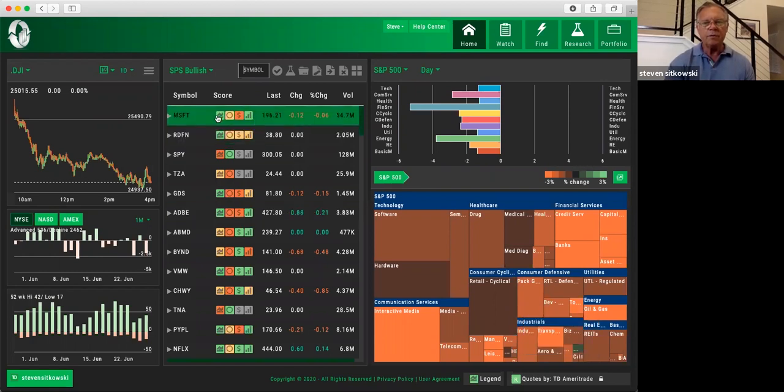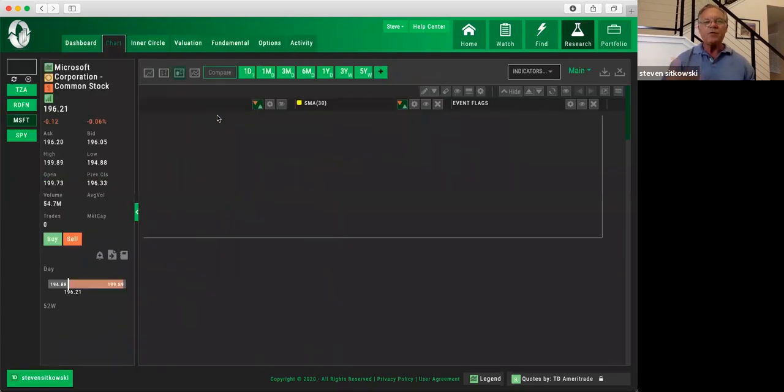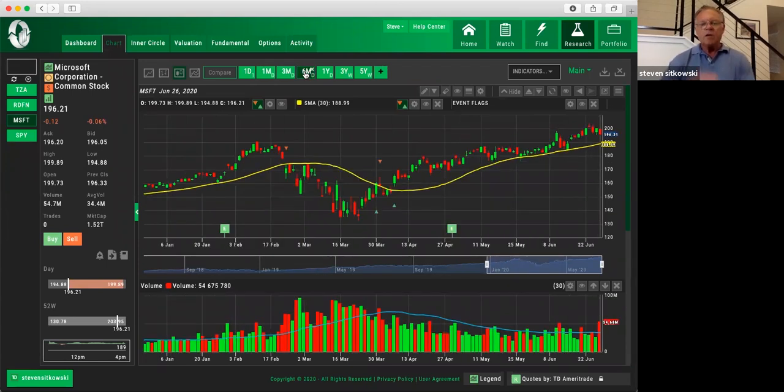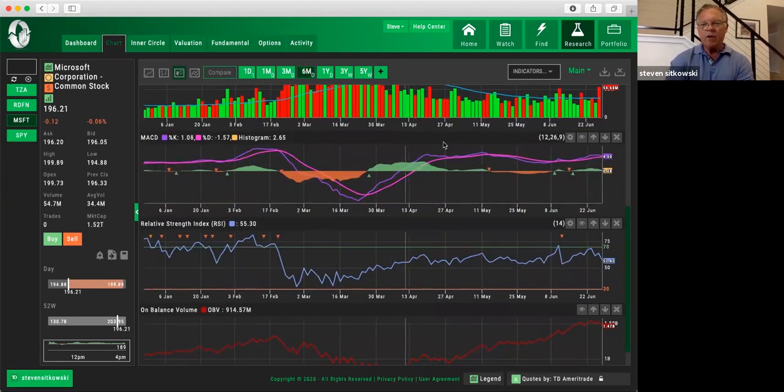And let's use Microsoft. So I'm in a trade right now in Microsoft, and I'm going to use the 6-month chart. So the way I've got this set up right now, you can see here that we have a moving average, that is the 30-day. We have the volume, MACD is in the middle, that is known as a histogram.